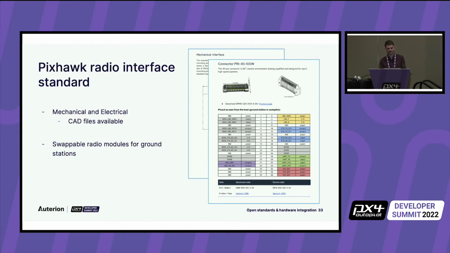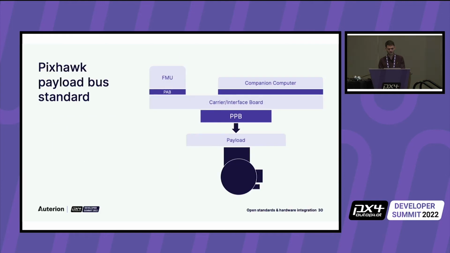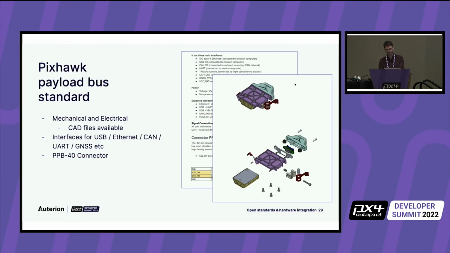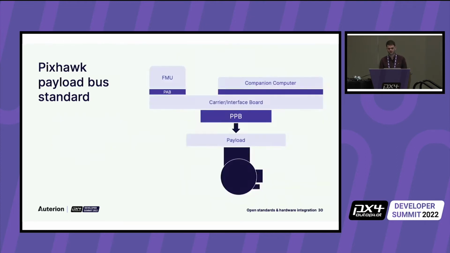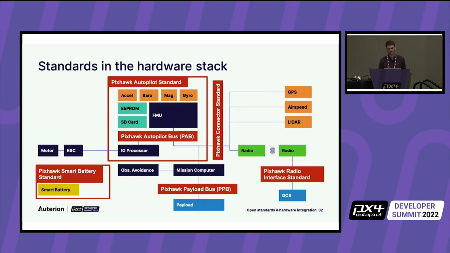The radio interface standard is a different physical connector than the payload bus standard. It's also a different electrical connector than the connector standard. The connector standard is all about the JST plastic connectors, whereas here we have these higher density connectors that are defined here. So I think it's just not defined for the JST connectors at this point.